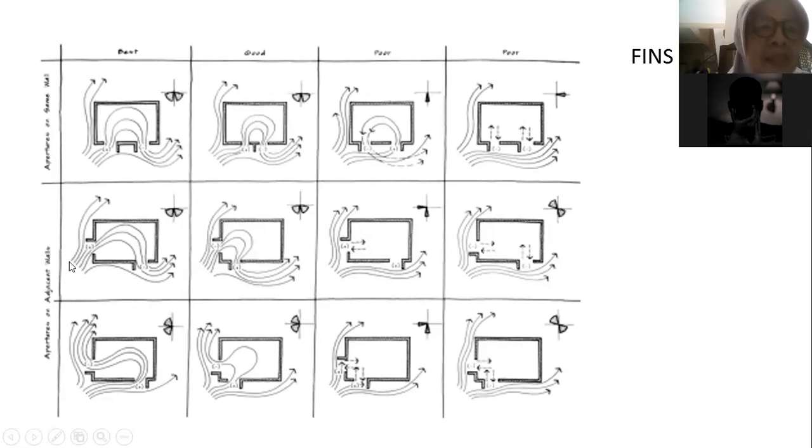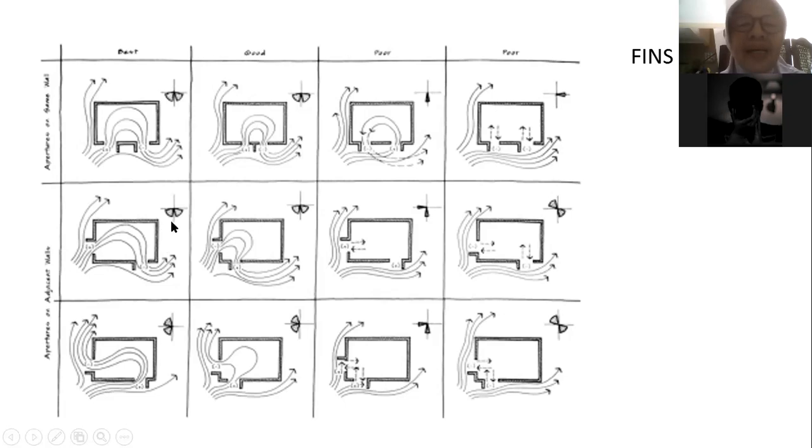As an example here, if the wind comes from here, that is positive, here is negative, then the flow is like this. But if the position is here and here, like this, here positive and here positive, then there is no air movement inside the building.